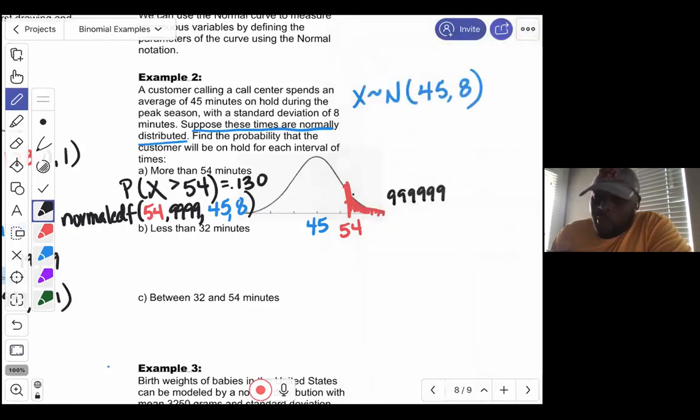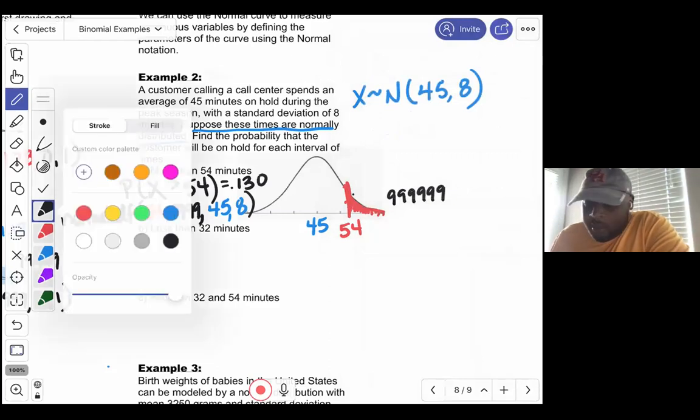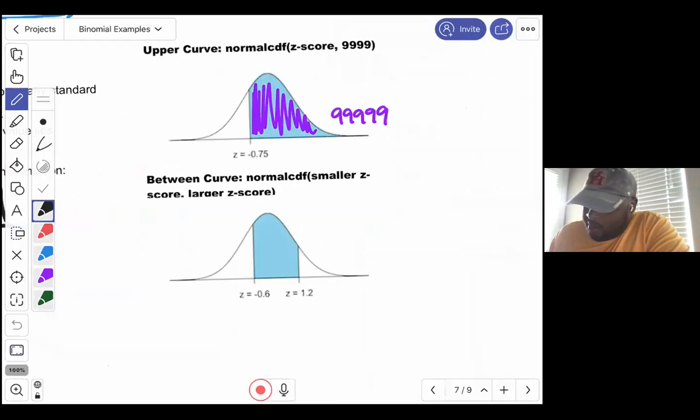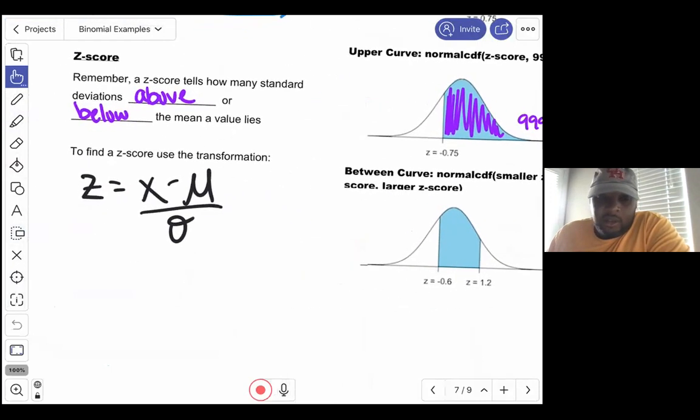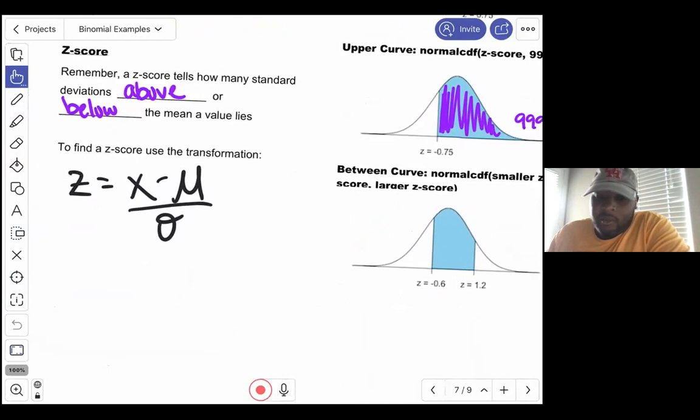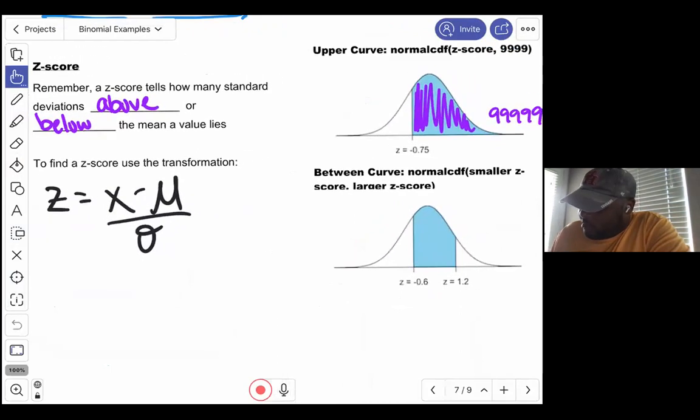Now, we could do this with a z-score. And remember, the z-score transformation is this right here: Z equals x minus mu over sigma. So I can use that transformation to do the exact same thing.